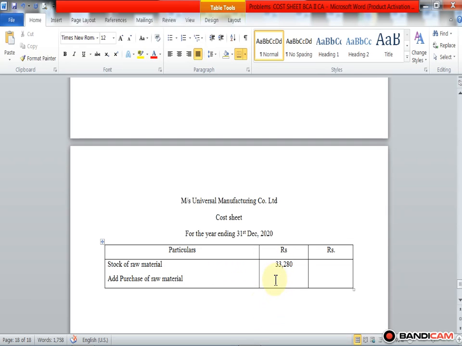Purchase of raw material amounts to rupees 7,59,200.